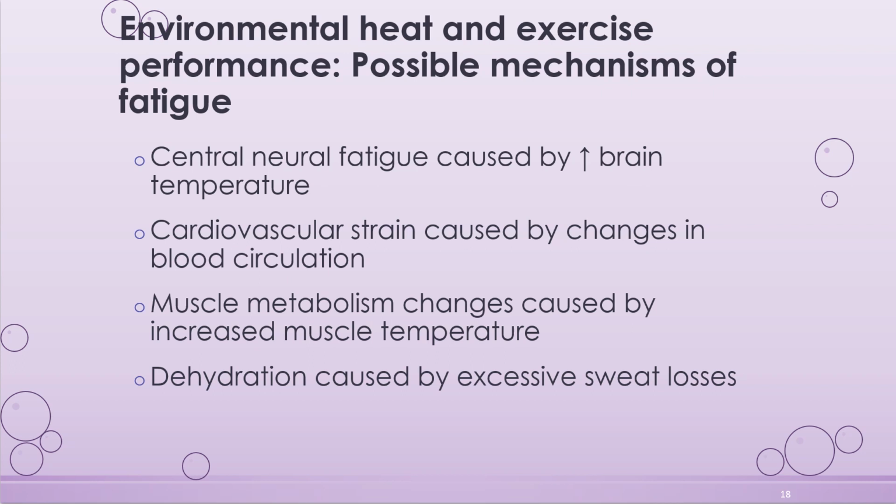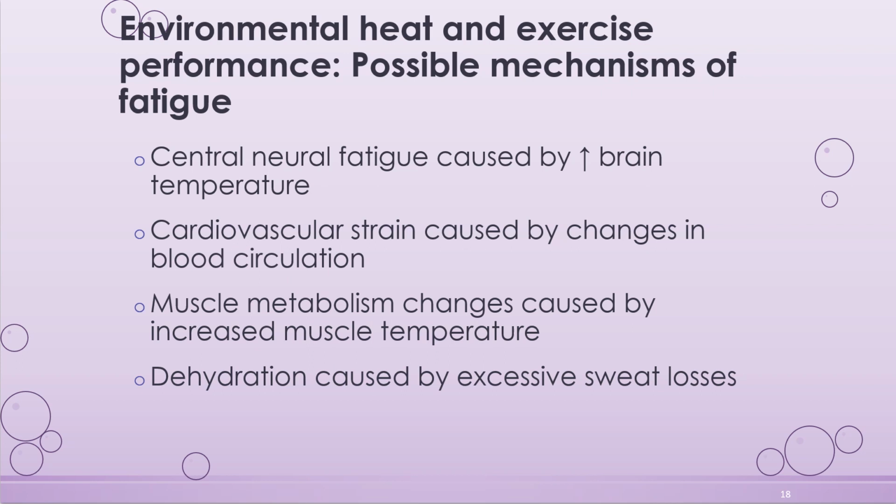This diversion of blood flow can decrease oxygen and nutrient delivery to muscles, contributing to fatigue. Sweating is the body's primary means of cooling down during exercise in the heat. As a result, significant fluid loss can occur, leading to dehydration. Dehydration can reduce blood volume, impair cardiovascular function, decrease heat tolerance, and increase perceived exertion and fatigue.